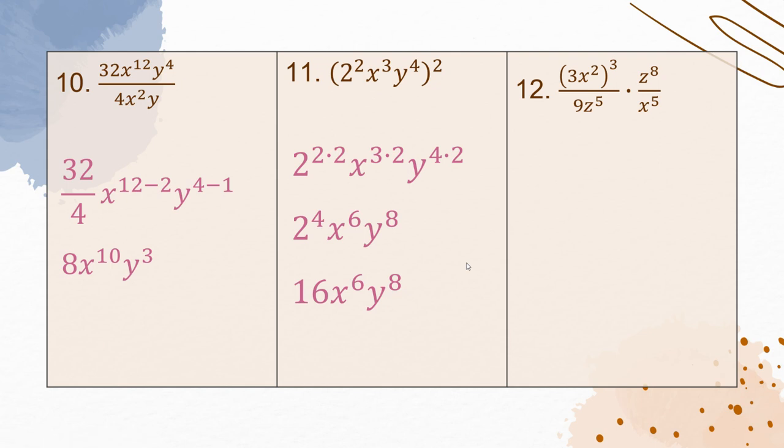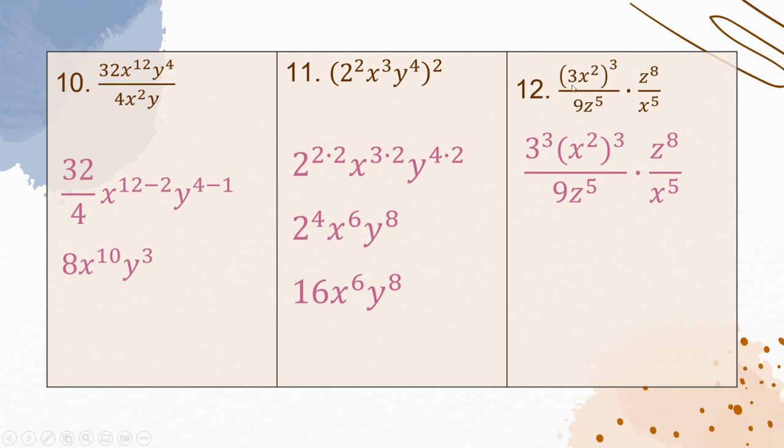Now for number 12, there's a few things we have to do first. This is kind of a big one. I have 3x squared, all raised to the 3rd, times z to the 8th, over 9z to the 5th times x to the 5th. First thing I want to do here is raise my product parts to this power. So 3 to the 3rd and x squared to the 3rd.